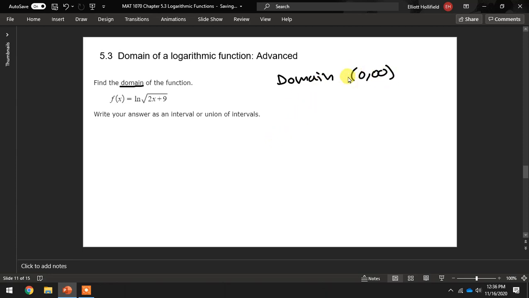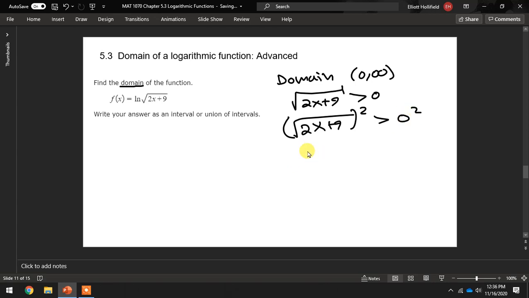And so that means that we need the square root of 2x plus 9 to be strictly positive. Now let's square both sides. That says that 2x plus 9 is bigger than 0.